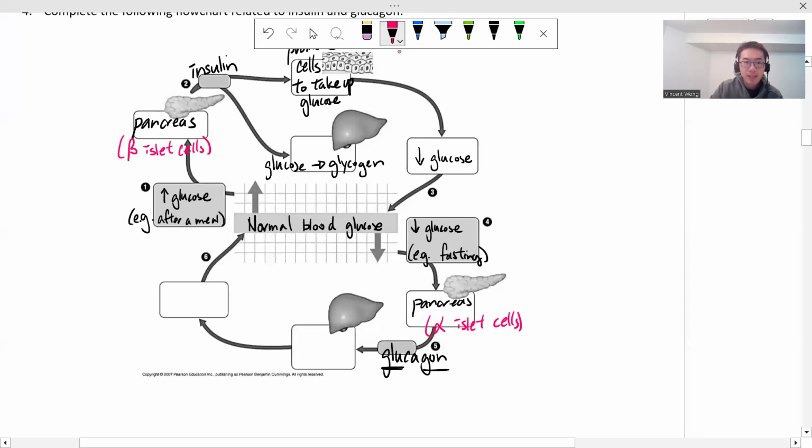And if you have trouble memorizing which one is beta and which one is alpha, there is an A in glucagon. So alpha cells, glucagon. Insulin doesn't have an A, right? Okay. So beta cells for insulin, alpha cells for glucagon.